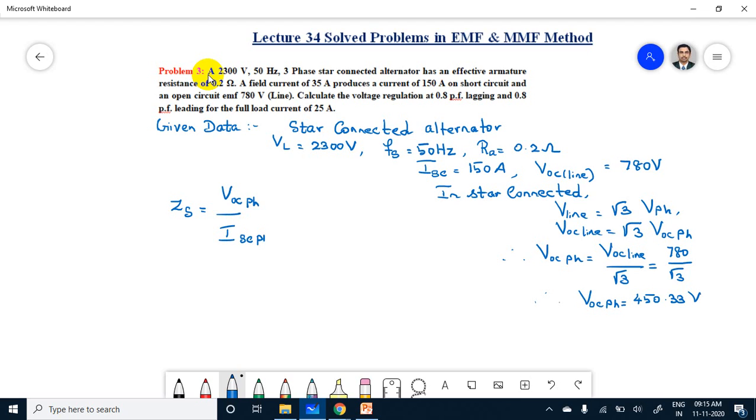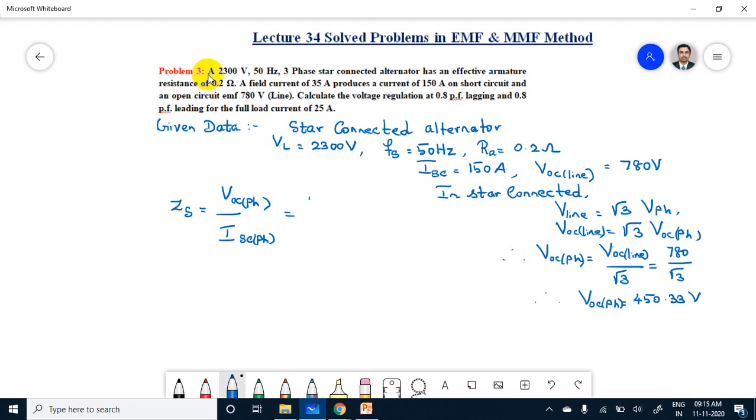This also should be in phase, everything we have to represent as phase values.